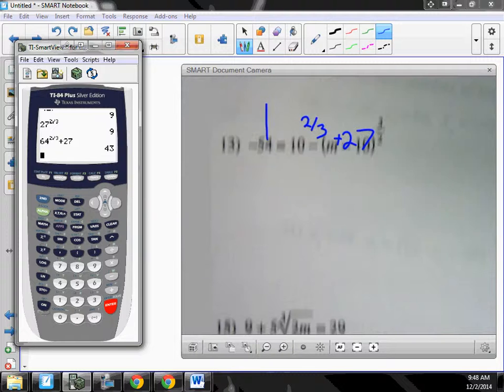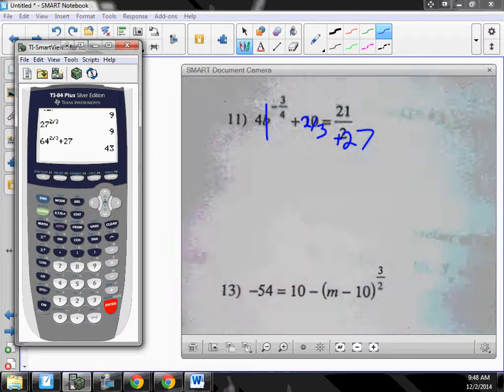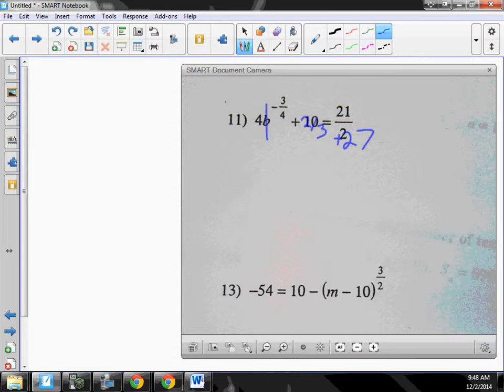Turn the page. Look at number 11. So let's follow order of operations. What happens to b first? Is it multiply or is it exponent? Exponent, and then multiply, and then add 10. So in reverse order, we would add 10, and then, well, how do we undo the 4?